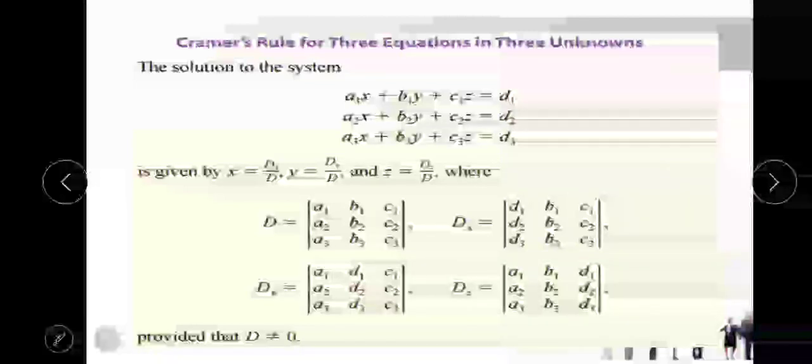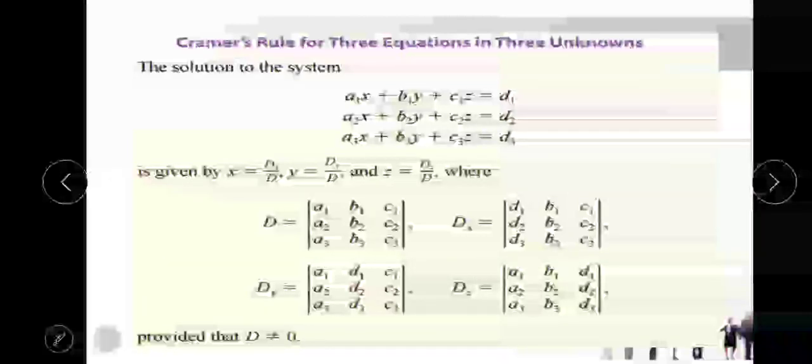Now Cramer's rule for three equations in three unknowns. So if we have a system of equations involving 3 variables, 3 unknowns, and 3 constants, then the solution is given by x equal to dx by d, y equal to dy by d, and z equal to dz by d, where d is the determinant of the coefficient matrix and dx is nothing but the determinant obtained by replacing the first column by the constants on the right hand side.